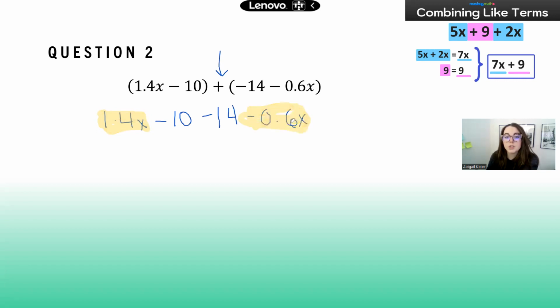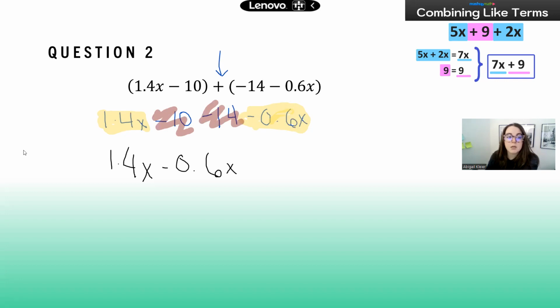In this situation, we have these two terms that both have the value of x. So I'm going to rewrite this as 1.4x minus 0.6x. I'm gathering together the things that have like terms. And then I have -10 and -14.